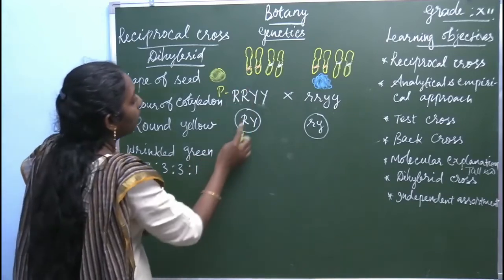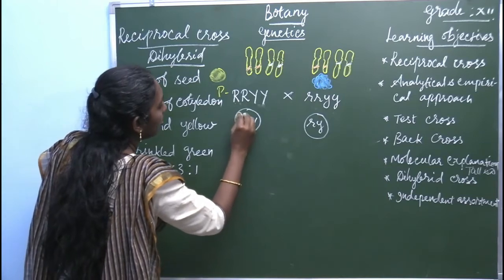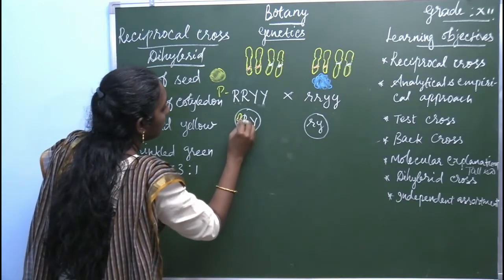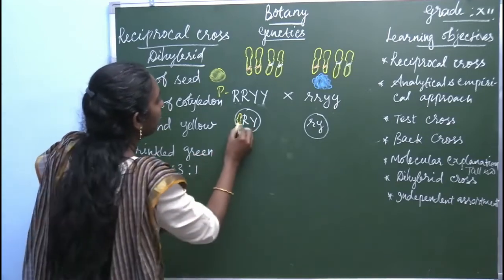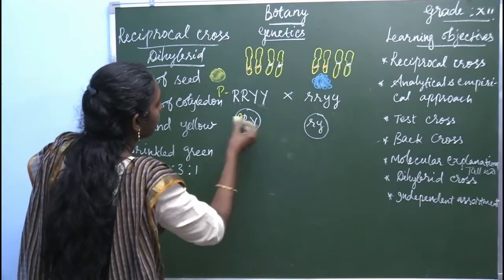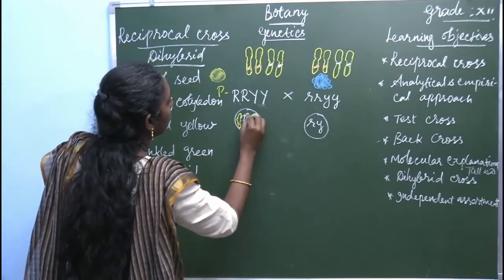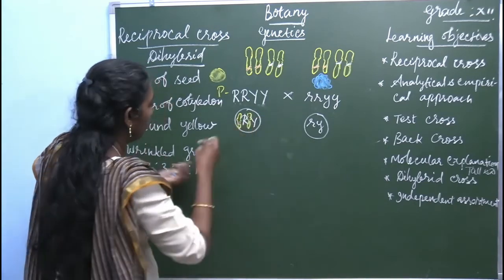Here capital R, so one from here capital R, and capital Y with this.